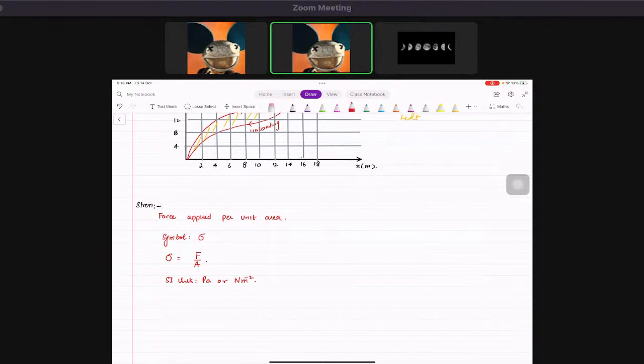Okay. Now, when you apply stress to something, it also causes a strain in that particular object. Now, strain is simply a ratio of change in length, x, over the original length.